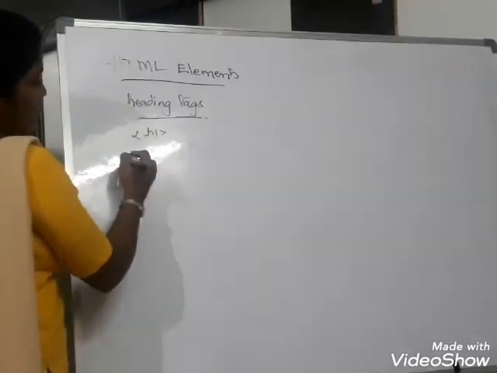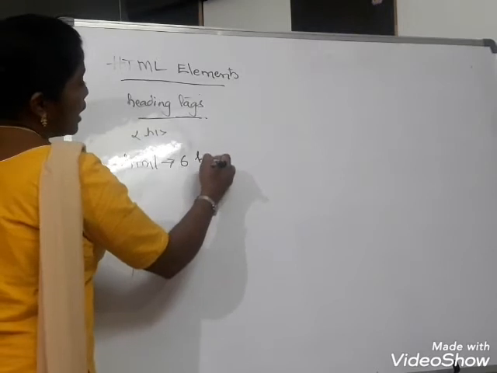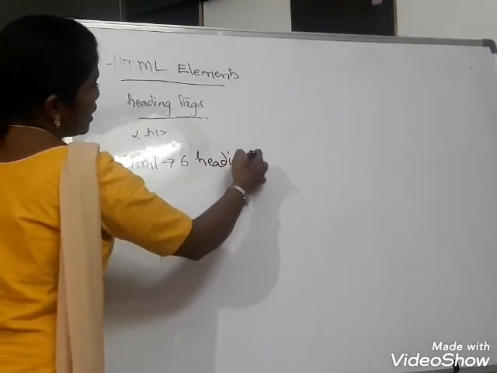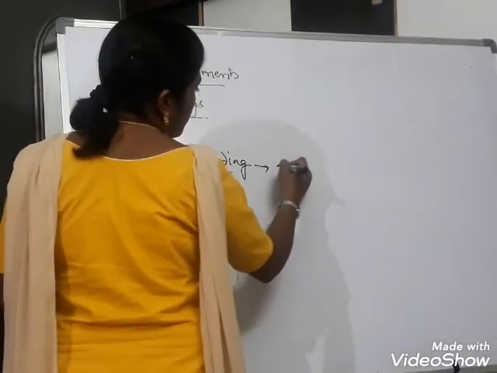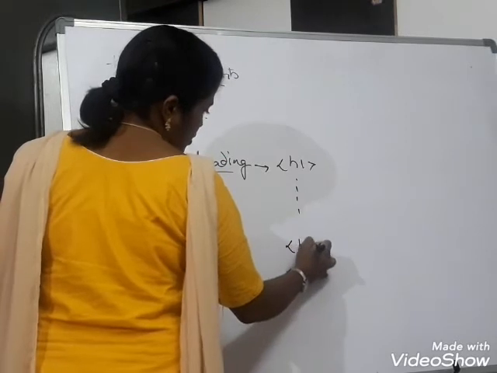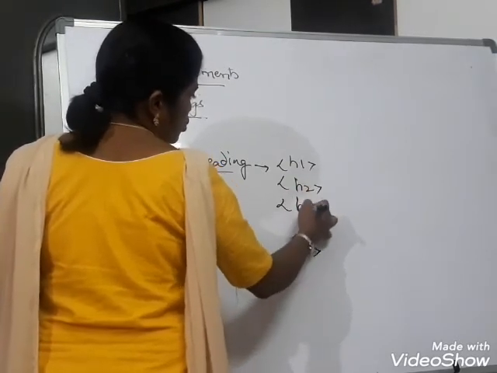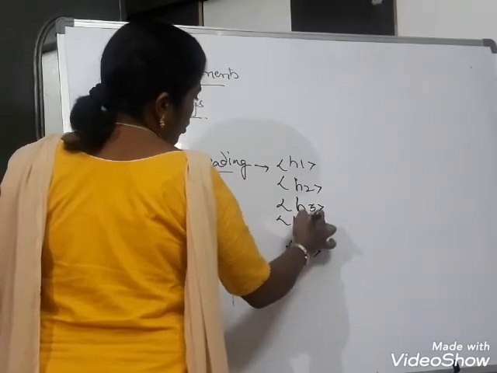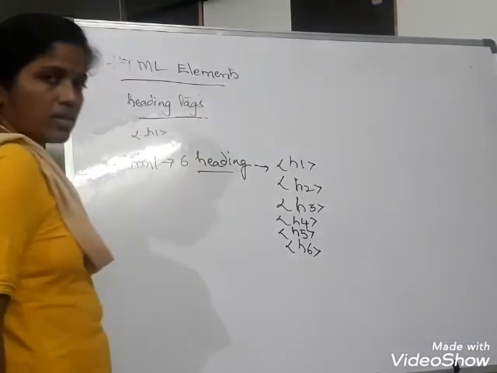In HTML, I have 6 heading tags for writing headings. They range from H1 to H6. So H1, H2, H3, H4, H5 and H6.